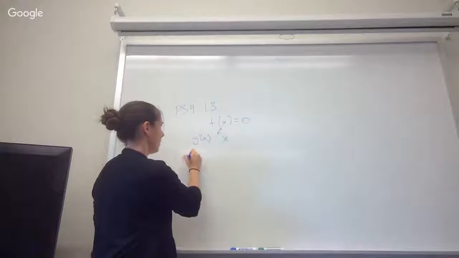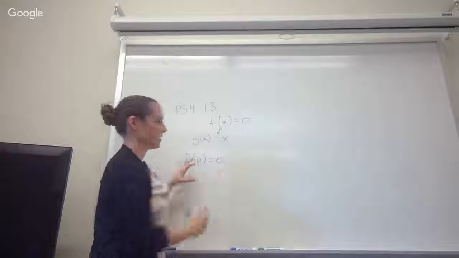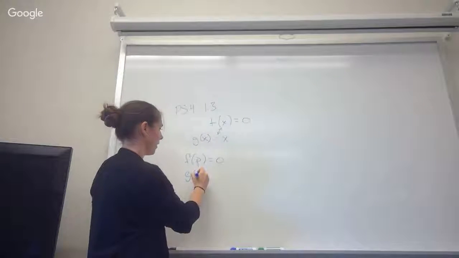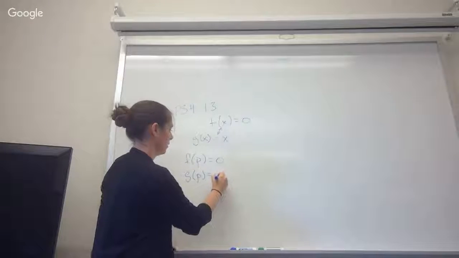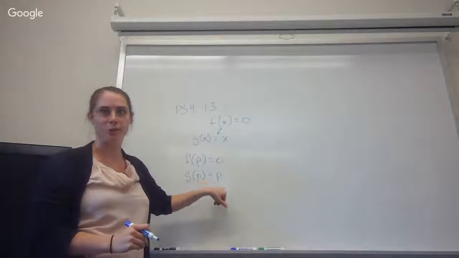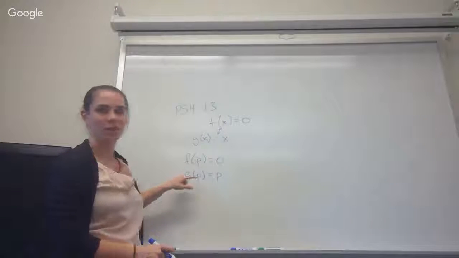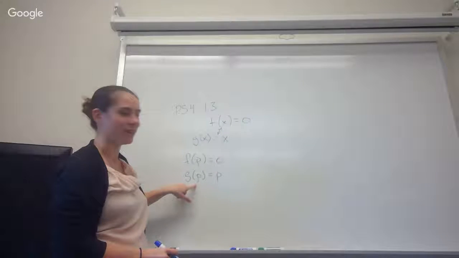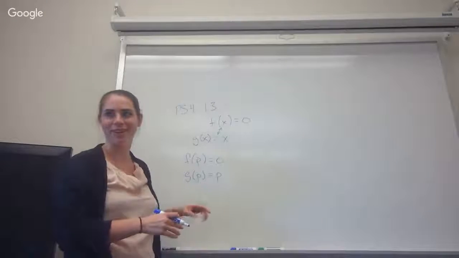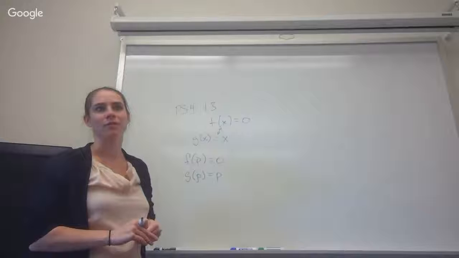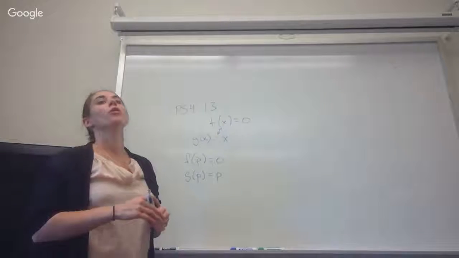If p satisfies f of x equals 0, it has to satisfy g of p equals p. The definition of a fixed point is that you plug it in, and in equals out. But for some reason it's not the fixed point, because it diverges.